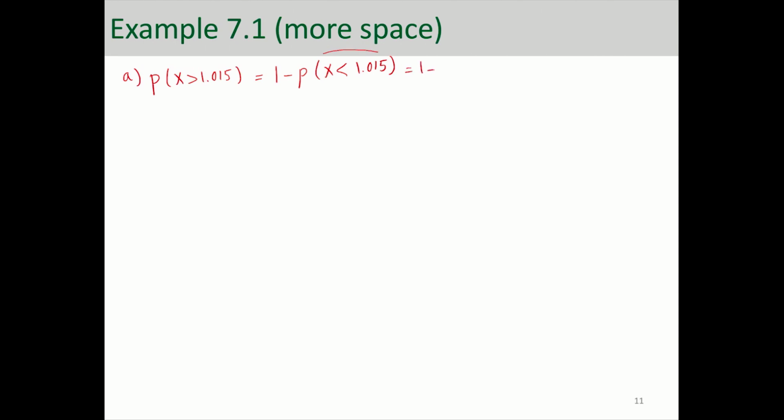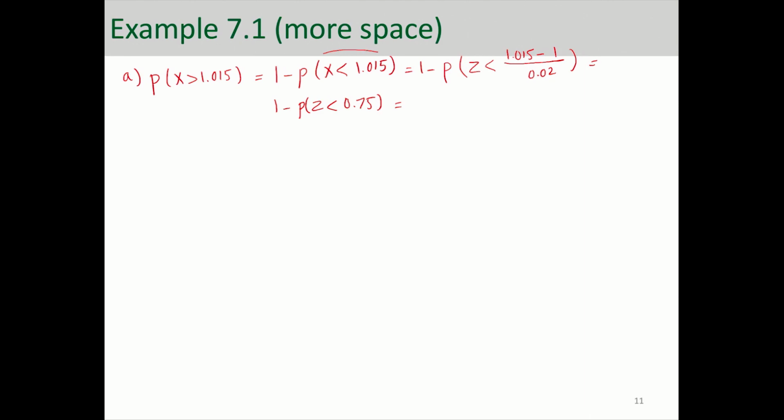So 1 minus probability of, now we're changing x to z, which is standard normal, by doing 1.015 minus the mu, which is 1, divided by sigma, standard deviation, which is 0.02. That is equal to 1 minus probability of z less than 0.75.